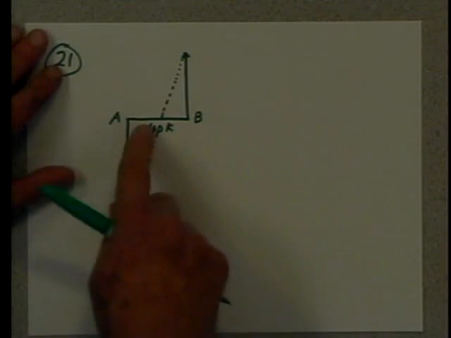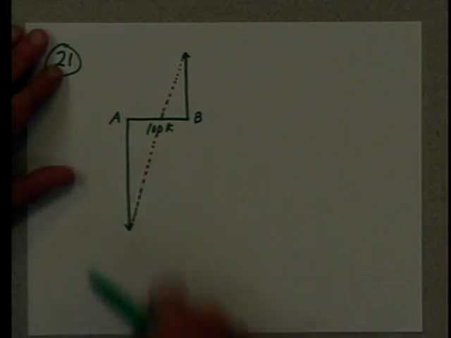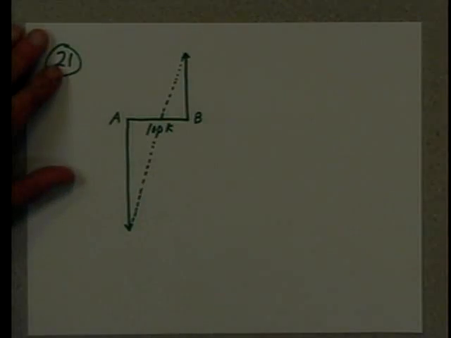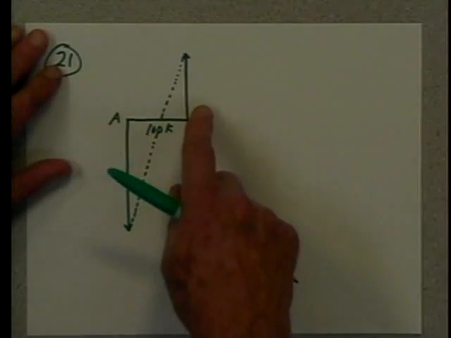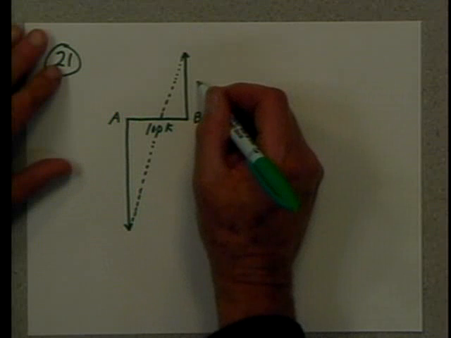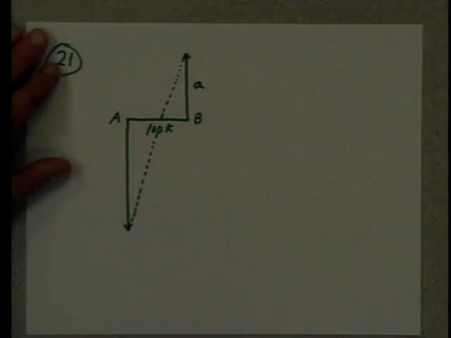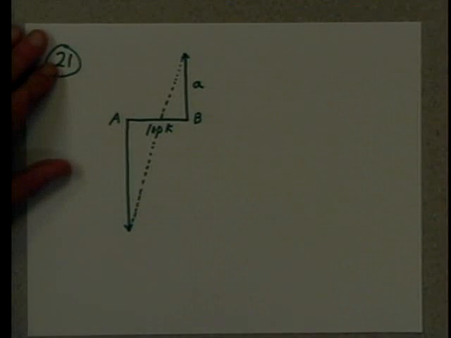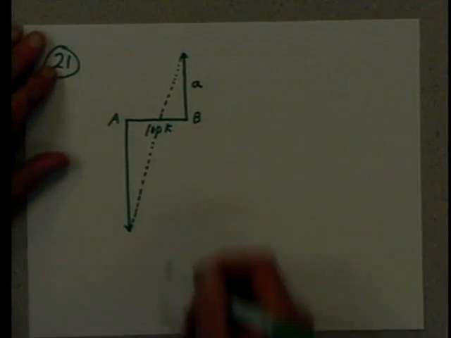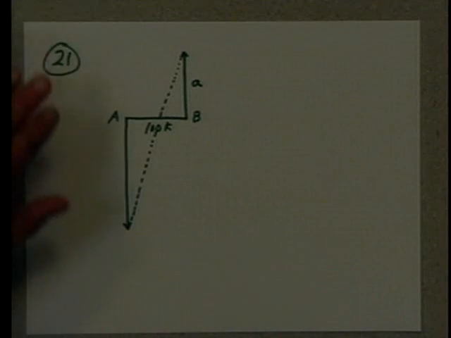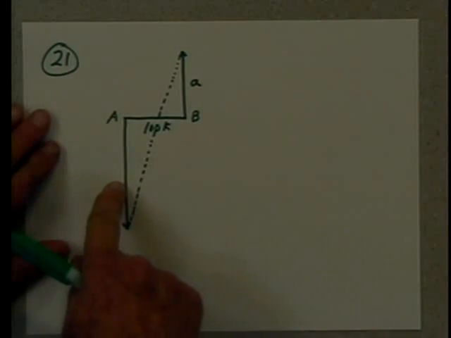The distance they were apart originally isn't going to change, so I don't need a variable for that. But how about this distance up here? Is that changing? What do you want to call it? You get to name it. A. So B is traveling A. Okay. What about the distance for ship A here?